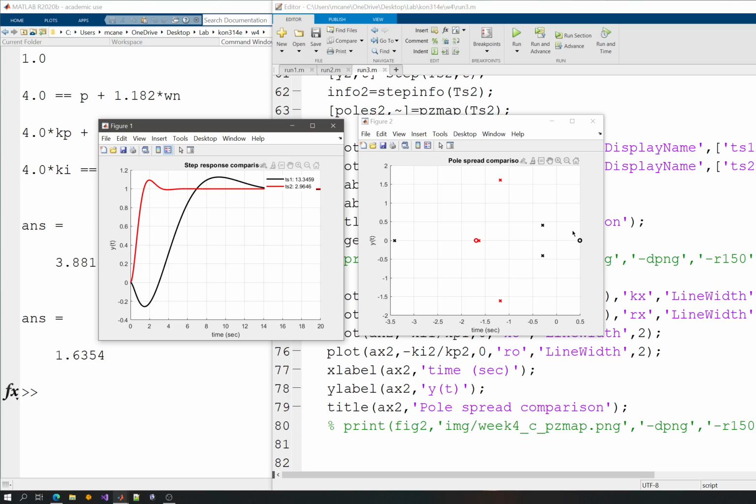So if I somehow didn't add this zero, it would have been a better solution. This solution, the black one, would have been a better choice. But since it's adding its zero and the zero is now dominant and it's even on the right hand side, keep in mind that this is not a pole, this is a zero.